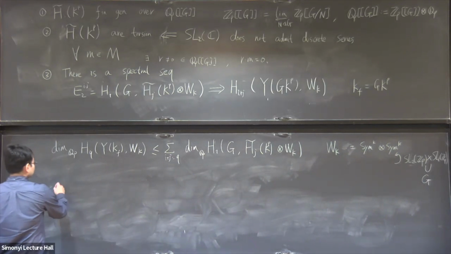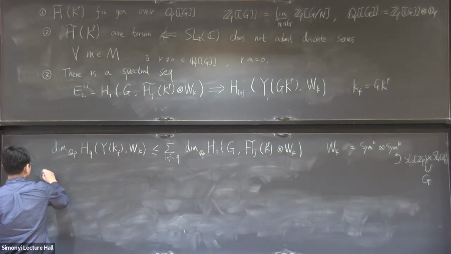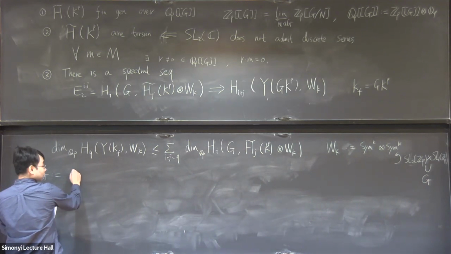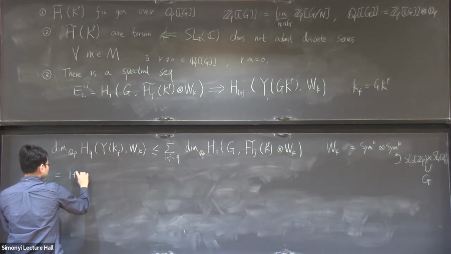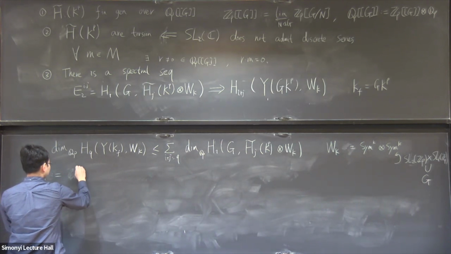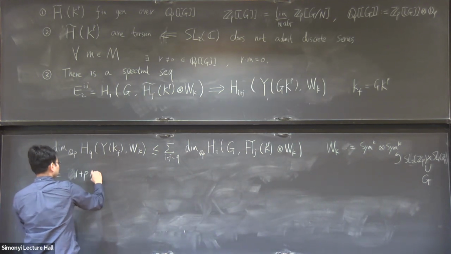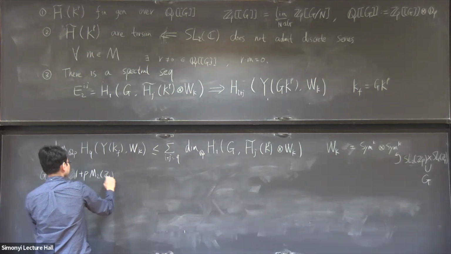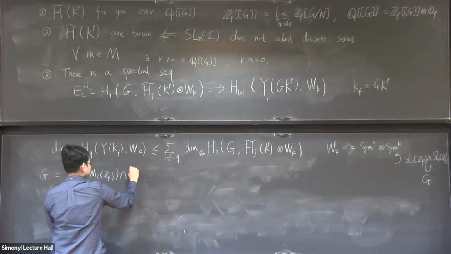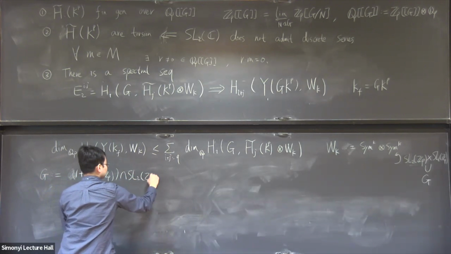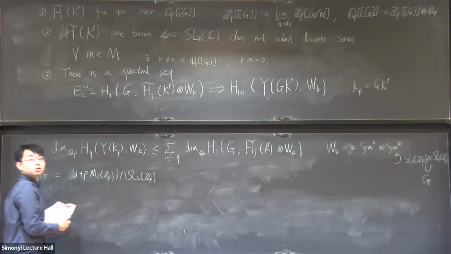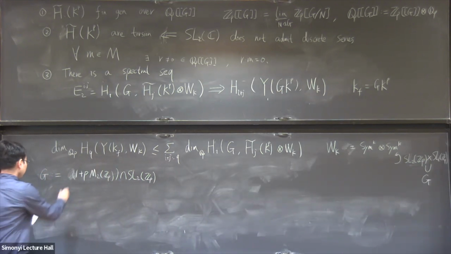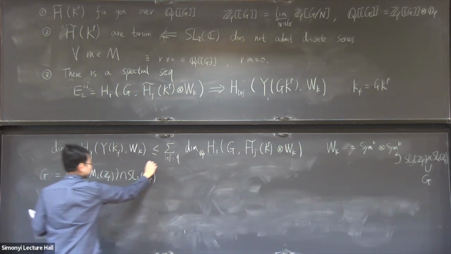Now I will take G to be a particular open subgroup inside: elements congruent to the identity mod p, and so it is two copies of that.